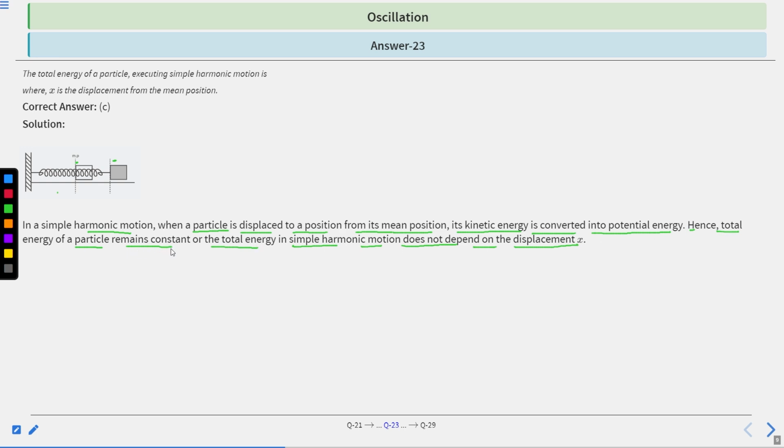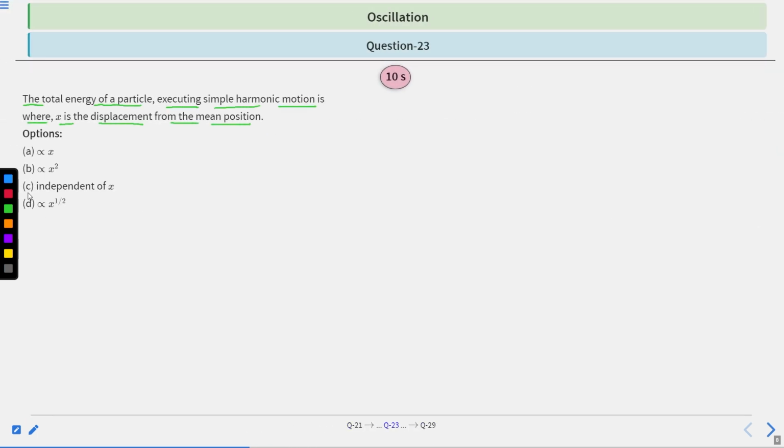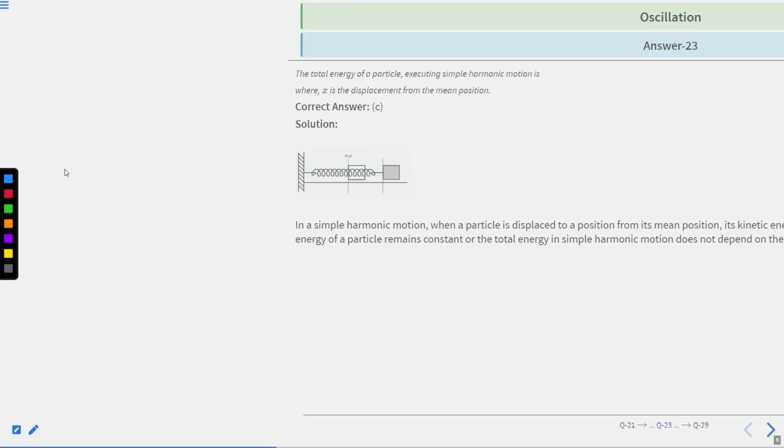This is the law of conservation of energy: energy can neither be created nor destroyed, only transformed from one form to another. So the correct answer is C, independent of x.